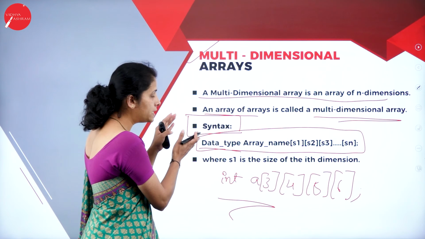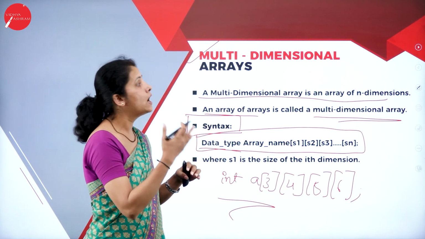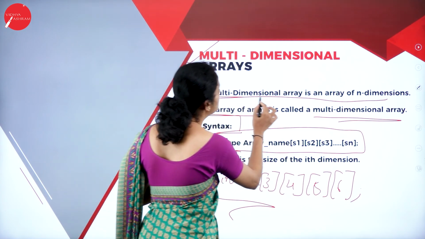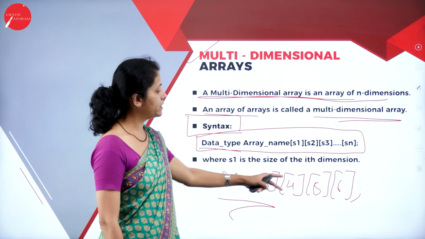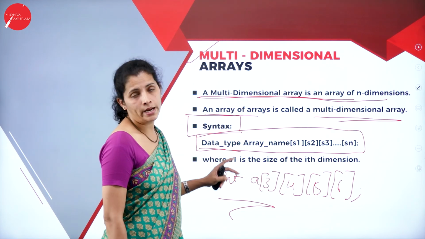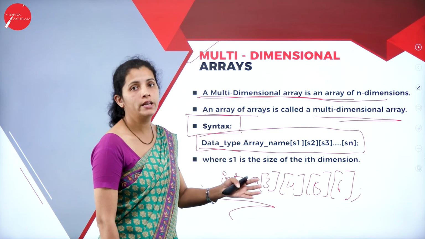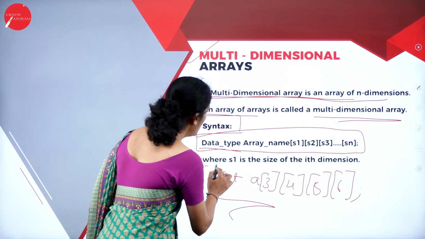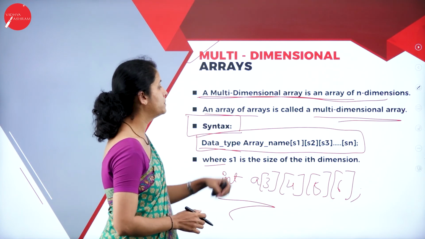So, what is a multi-dimensional array? It is nothing but an array inside an array, or a multi-dimensional array is an array of n dimensions. And if I consider this example, how many dimensions am I having? 4 dimensions. So, it is 4D. Now, where Si is the size of the ith dimension.